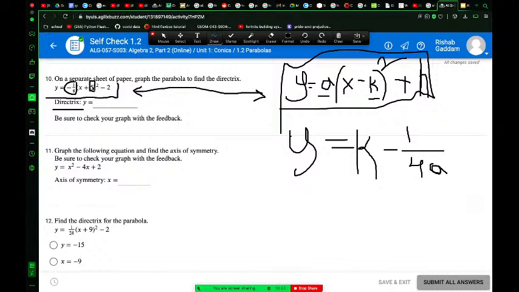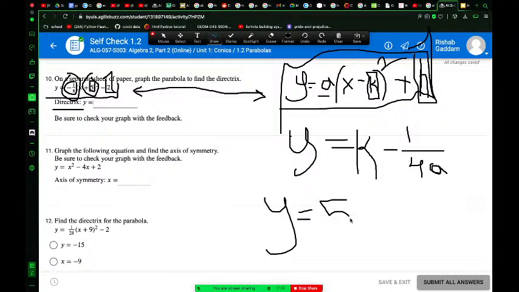Sorry, that's k. This is k because it's in the exact same spot as k over here, and h is over here. This is h. So all you need for this is this one and this one to find the directrix. So this is k. You can have y equals 5 because we know k is 5, so you substitute 5 for k.